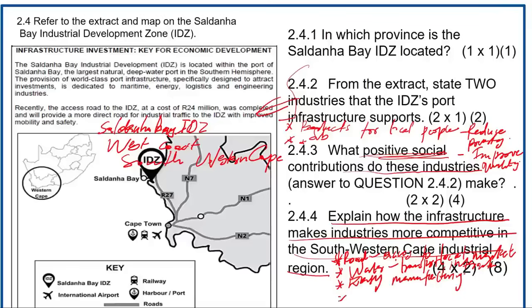That is electricity as a type of infrastructure. Number two, we talk about road infrastructure as accessing the local market. Let's now talk about road infrastructure as making easy transportation.